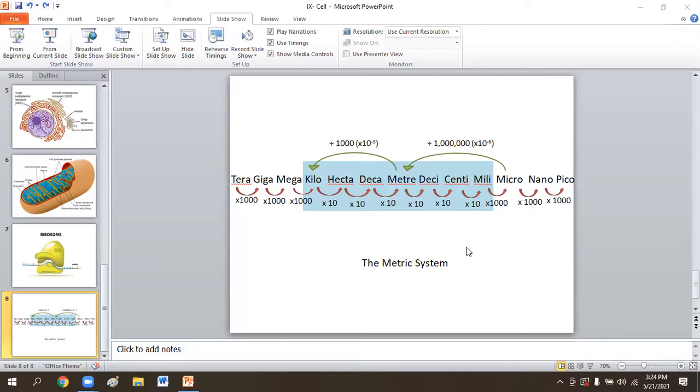Real size in micrometer. Okay, let me write this.